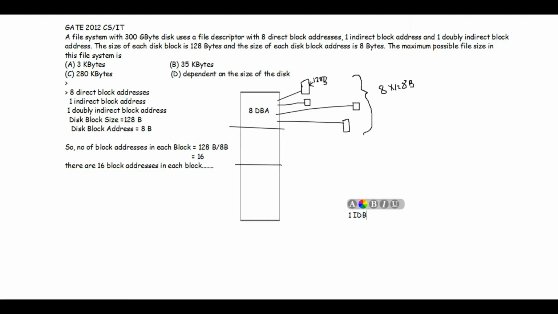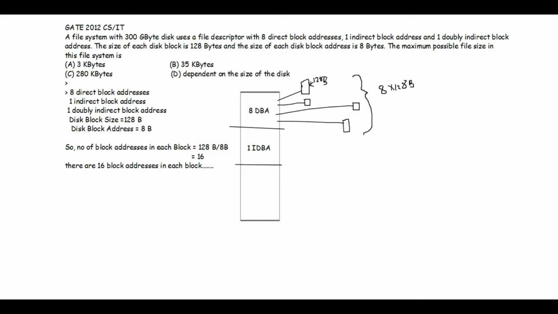And now we have one indirect block address. So let me show you how an indirect address works. Here in the indirect block address, it is first pointing to a particular block. We just found out that in each block there are 16 block addresses.